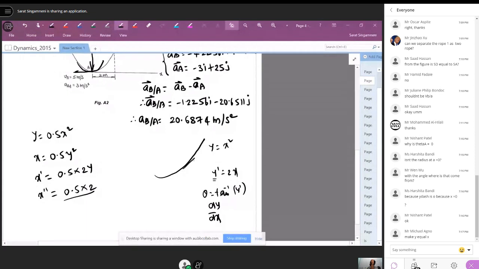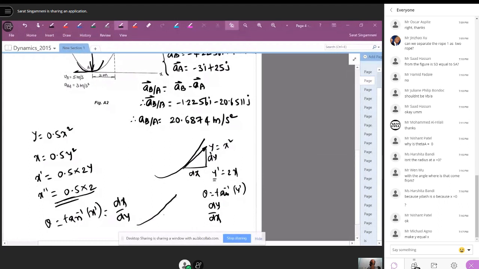So that theta is this angle, because this is dy, increment along y, and this is dx. In this case, tan theta equal to tan inverse x dash. But what is x dash? Dx over dy.